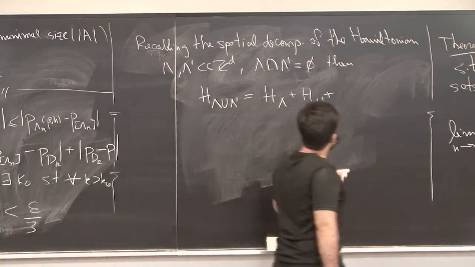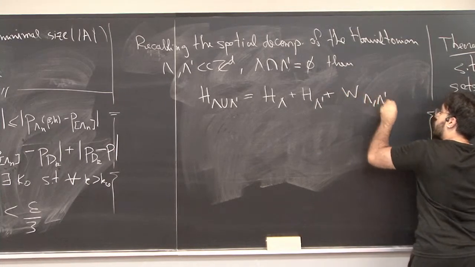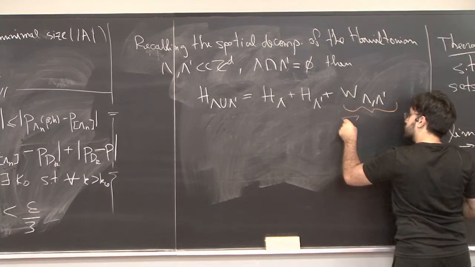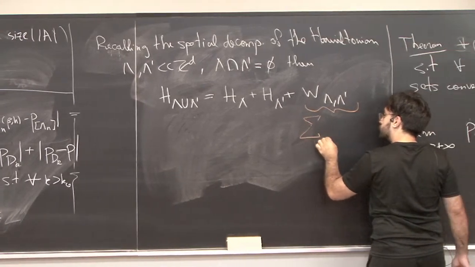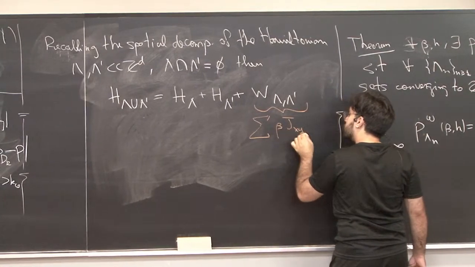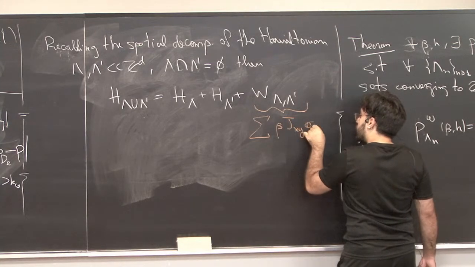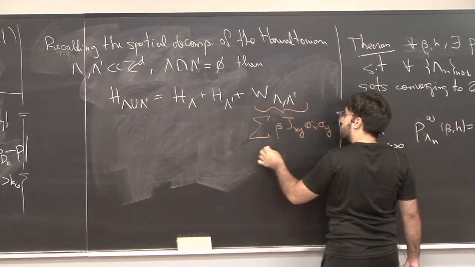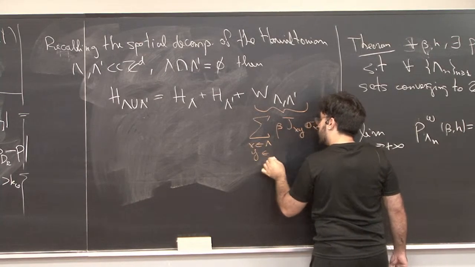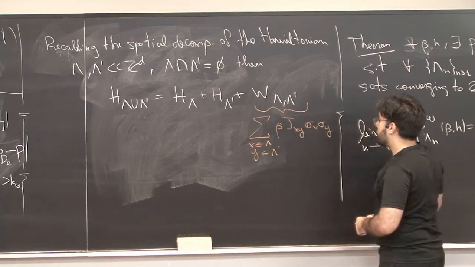This term is the sum of beta J_xy sigma_x sigma_y, with x inside lambda, y inside lambda prime. Okay?